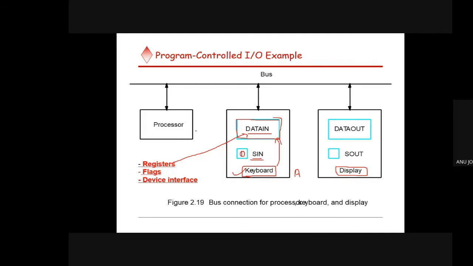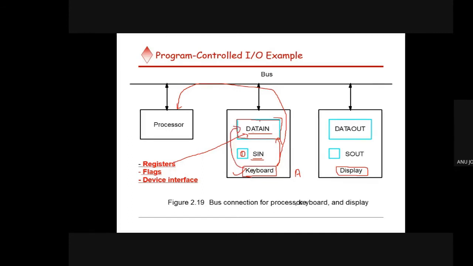So how will the processor get to know whether the data in register is full or not, instead of transferring the first character from here to here, which will take time? What it does is, from the keyboard device, it keeps all the data in the data in register. Once the data in register is full, your SIN will be updated to 1.